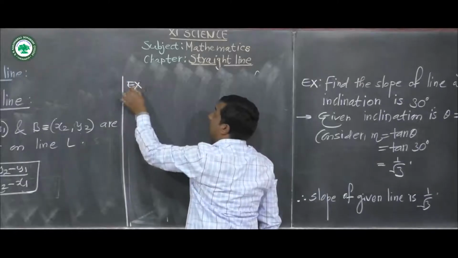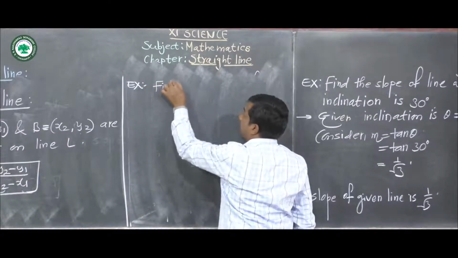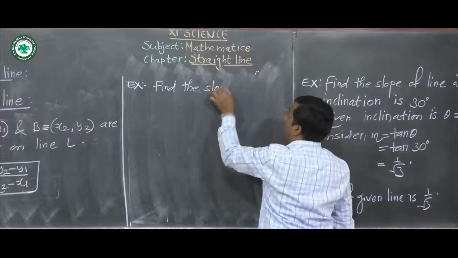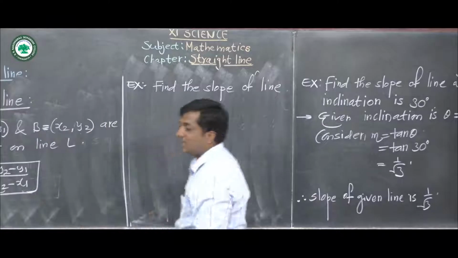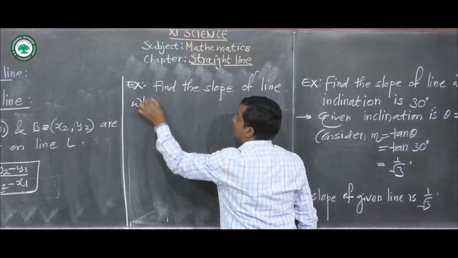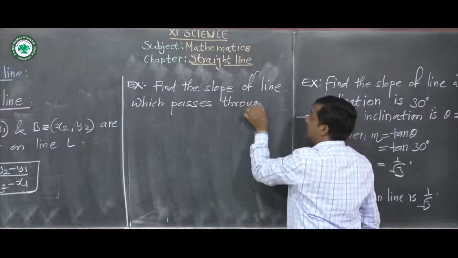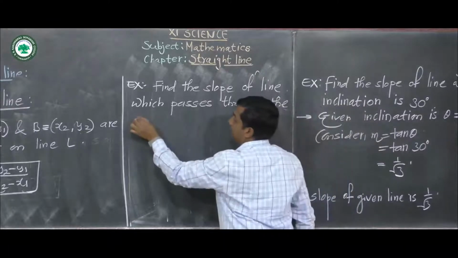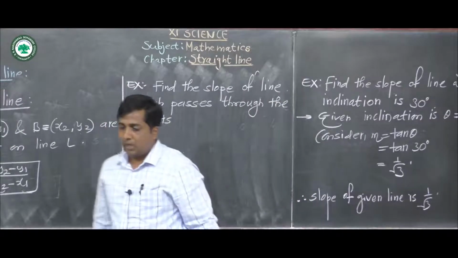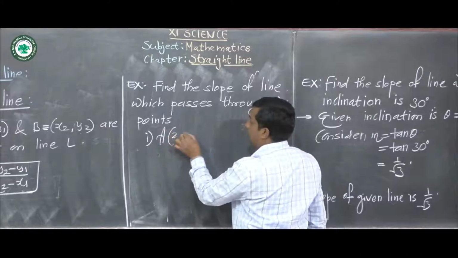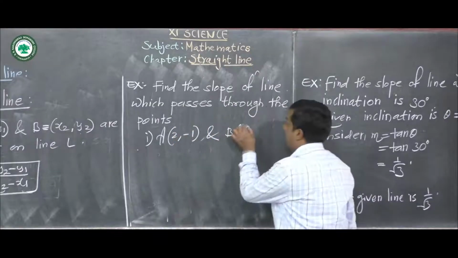Here in the example, find the slope of the line which passes through the points A of 2, minus 1 and B of 4, 3.